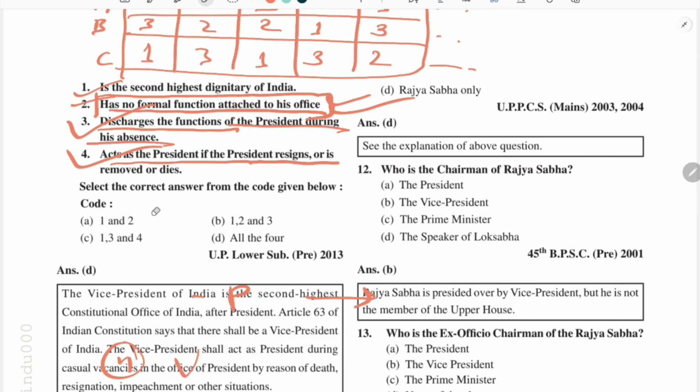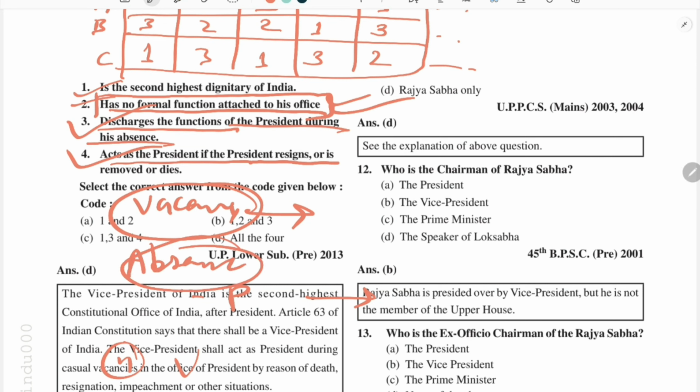When there is a vacancy, he can act as a president only for a certain period, that is 6 months. Within 6 months, the post of president has to be filled up. But there is another word in the book, which is absence or illness or any other cause.